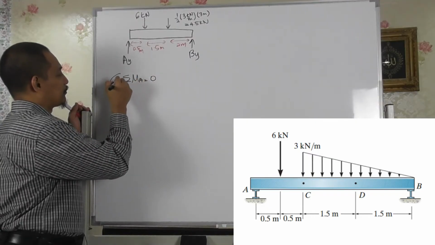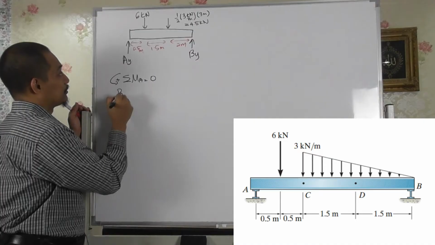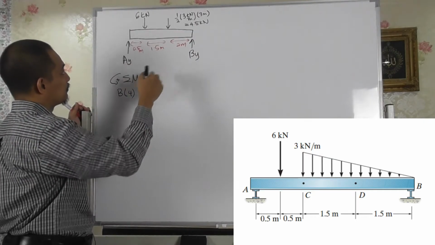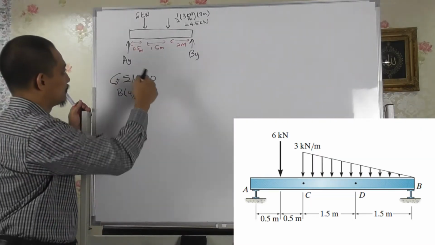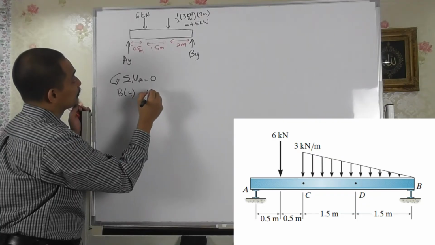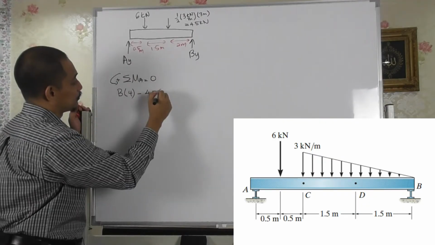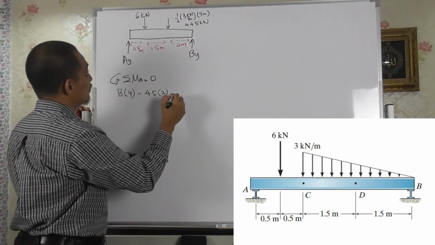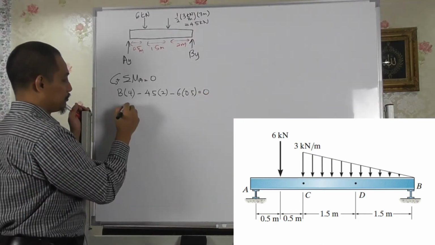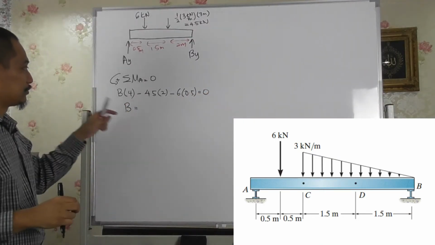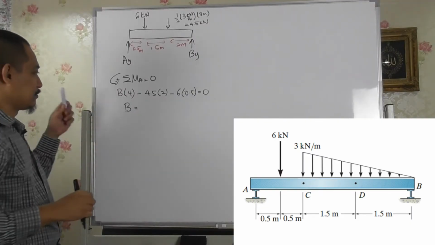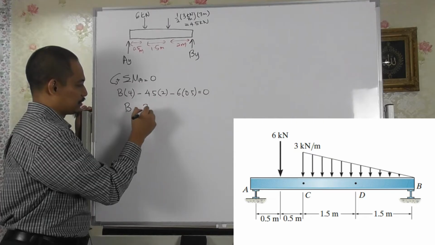Let's say counterclockwise, so we'll have B times 4, and then minus 4.5 times distance of 2, and then minus 6 times distance of 0.5 equal to 0. So B equal to, what is 9 plus 3, 12, divided by 4 becomes 3 kilonewton, is it?